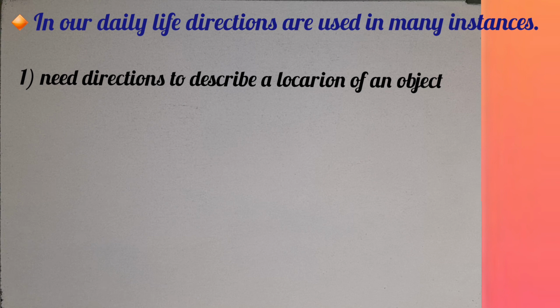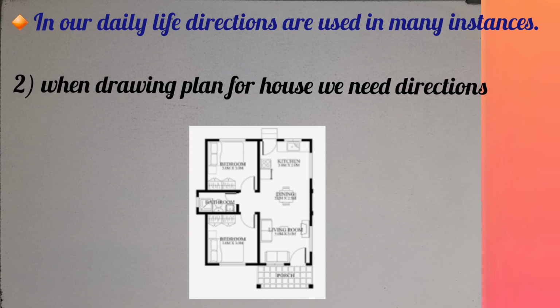In our daily life, directions are used in many instances. We need directions to describe the location of an object. When drawing a plan of a house, we need directions.